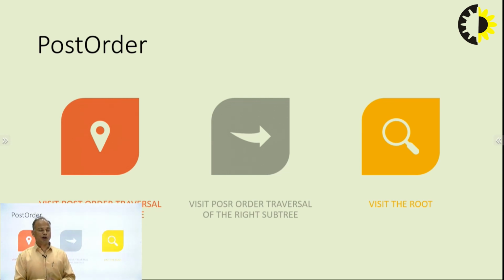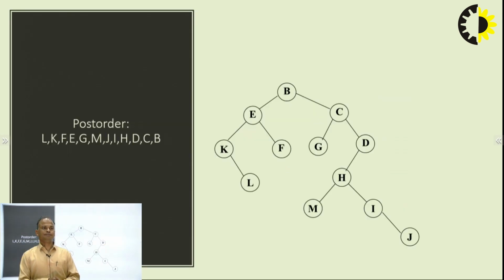So we need to follow these 3 steps to implement the post-order algorithm. Now, say this particular tree is given. How can we apply the post-order traversal scheme on this tree?